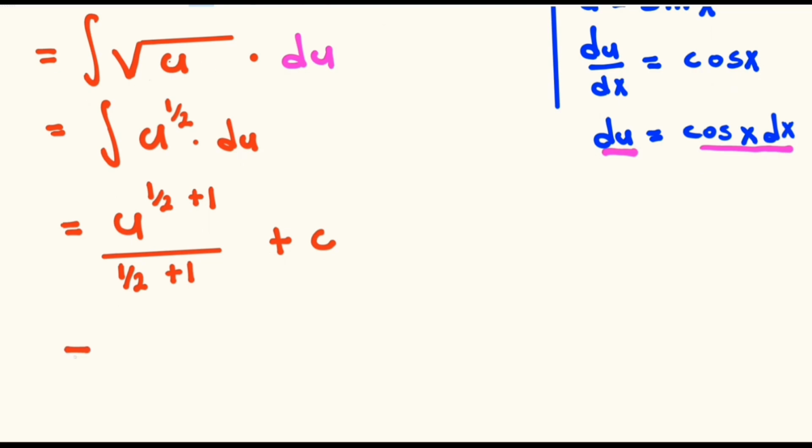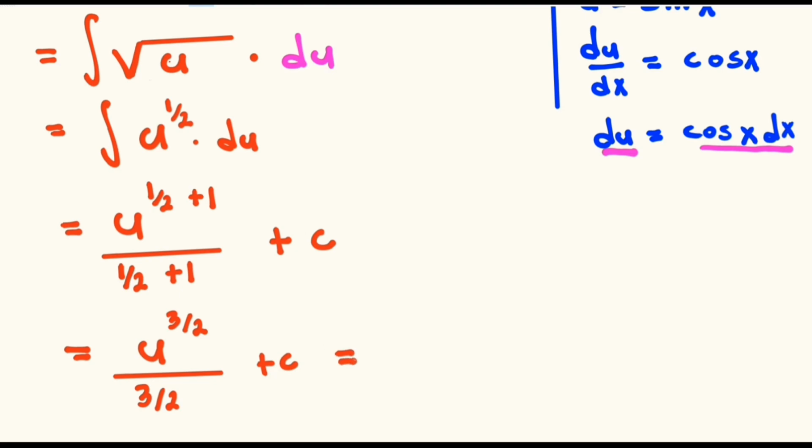From here we simplify, so u to the power half plus 1 will be equal to 3 divided by 2 divided by half plus 1, which is equal to 3 divided by 2 plus our constant c.